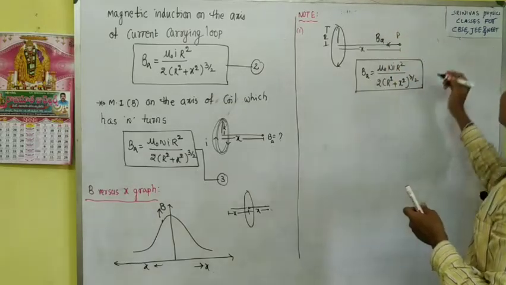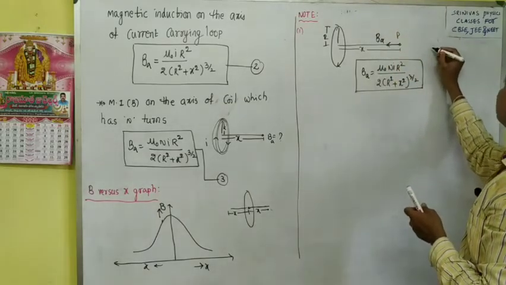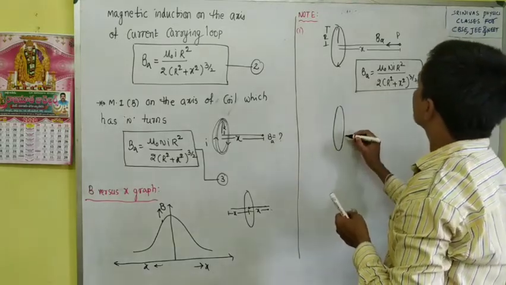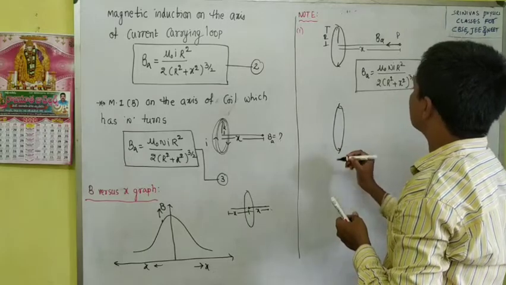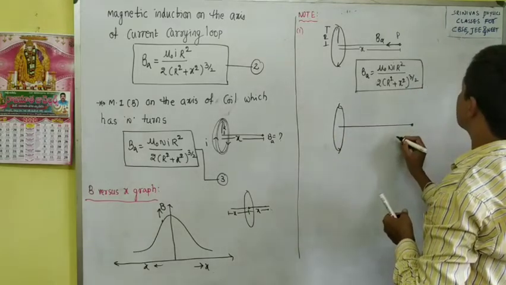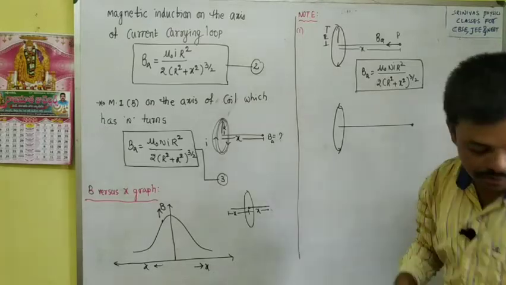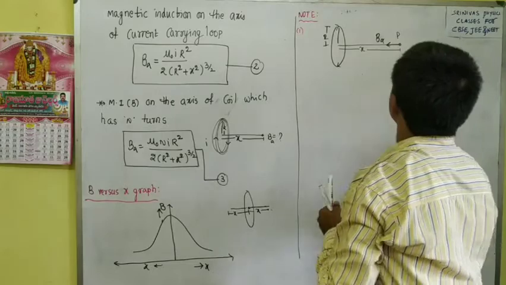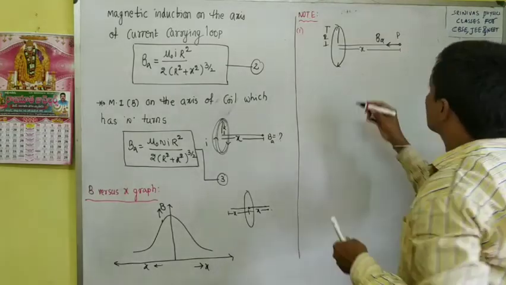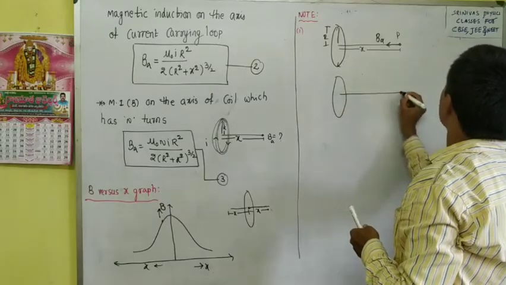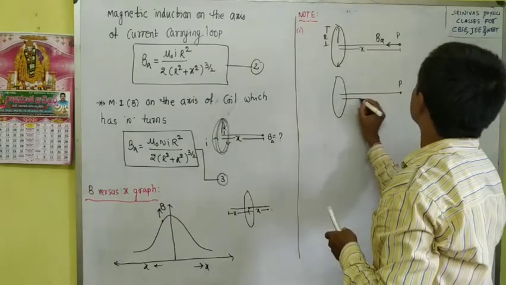And the same thing, if the current is like this, and at here I want the field. The current direction at this point, magnetic induction direction I want.